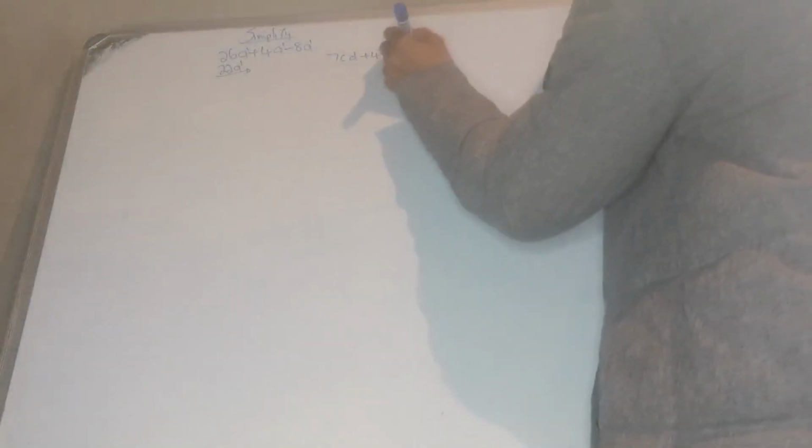Simplify 7cd plus 4df plus 3cd minus 4df.